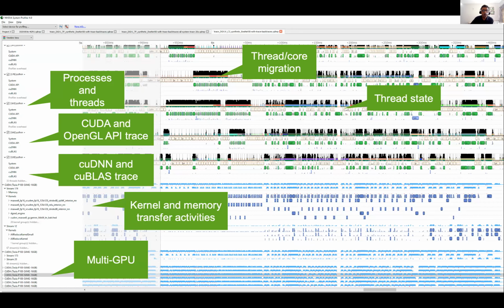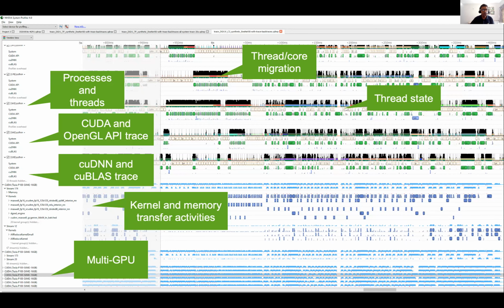So for example, on the CPU side, you can see all the threads running and which cores they are running on, whether they are migrating across cores, because that could potentially be one reason for some performance issue. Similarly, you see this thread execution state, and you can identify regions where the thread was blocked or idling.